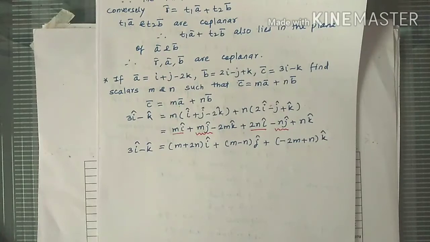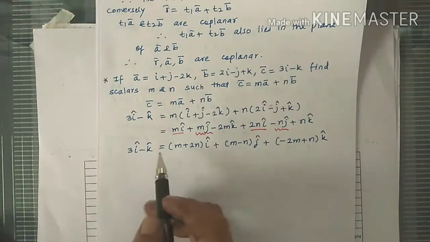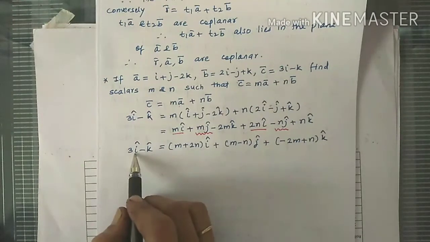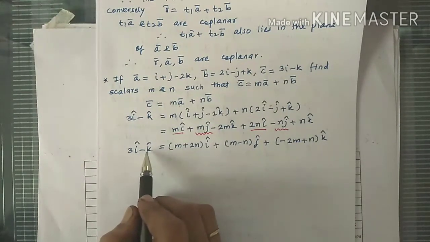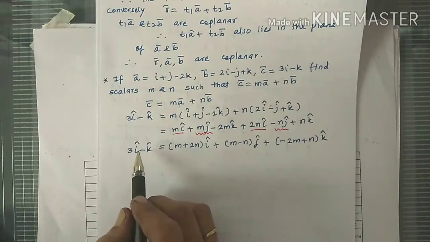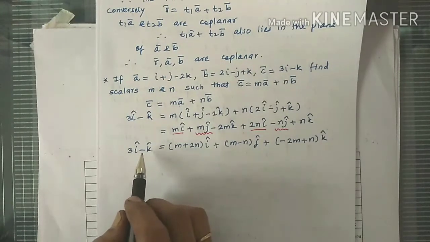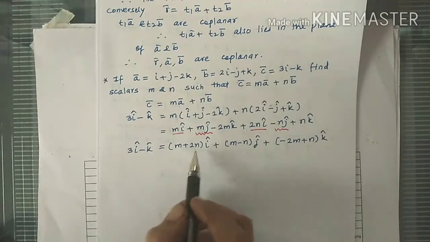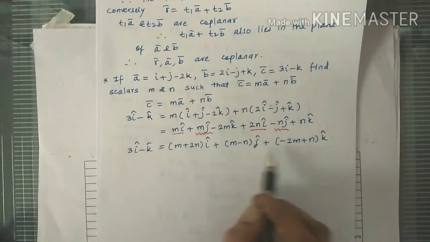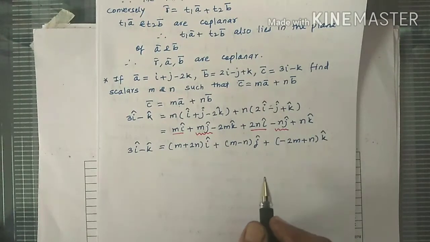Now in the proof we have already seen that the linear combination is unique. In the left part also we have a linear combination of i, j, k. Though j is not there, what does that mean? The coefficient of j cap is 0. And here also we have a linear combination of i cap, j cap and k cap. So the linear combination is unique.